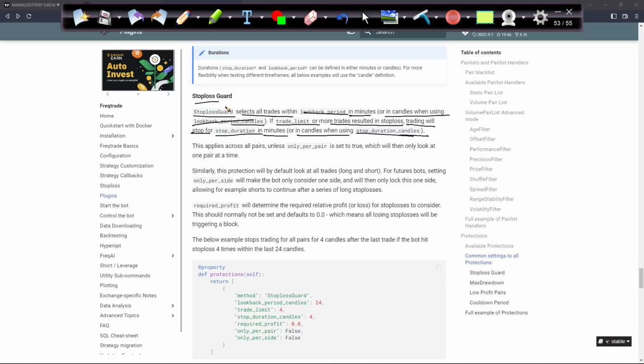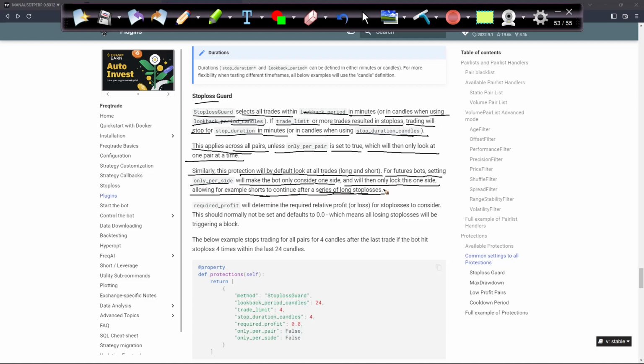Now this applies across all pairs unless only_per_pair is set to true, which will then only look at one pair at a time. Similarly, this protection will by default look at all trades, long and short. For futures, setting only_per_side will make the bot only consider one side and only lock that one side, allowing, for example, shorts to continue after a series of long stop losses.